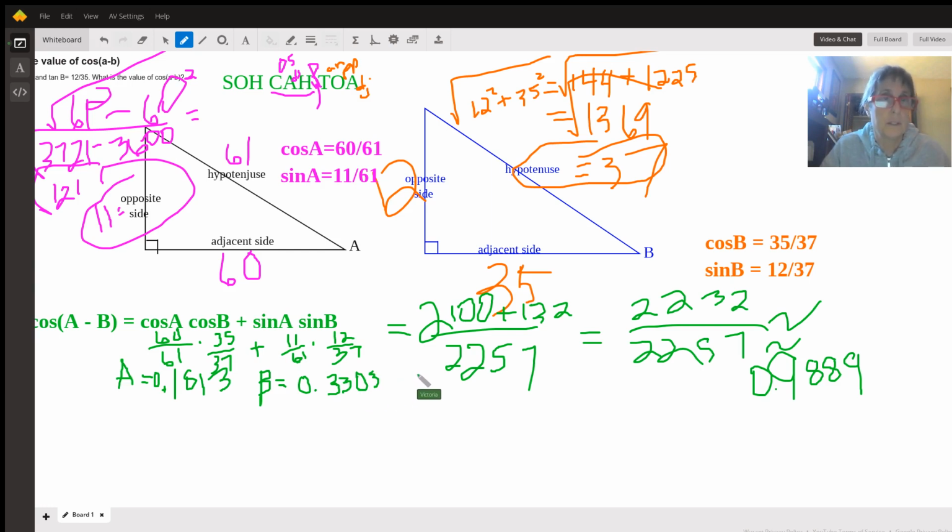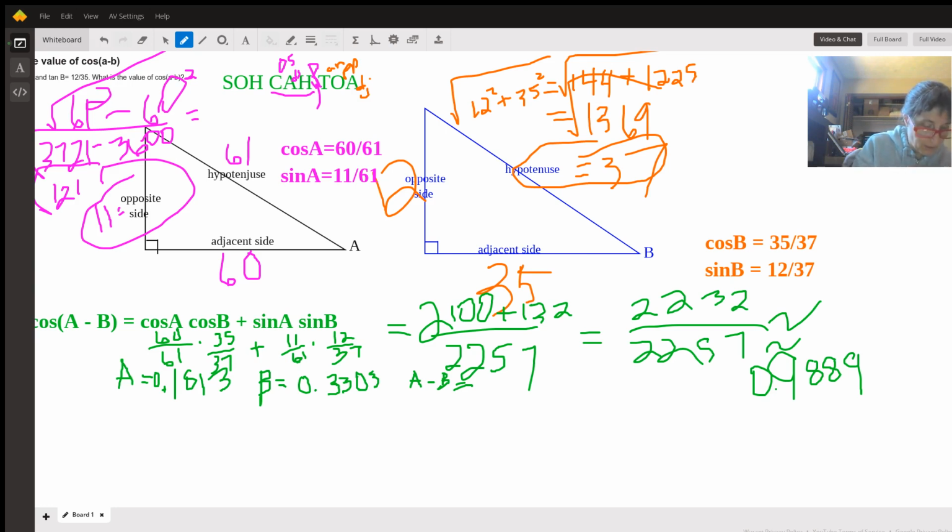Now, we're supposed to find the cosine of A minus B. So what I needed originally was the cosine inverse of 60 over 61, because I want to use exact.